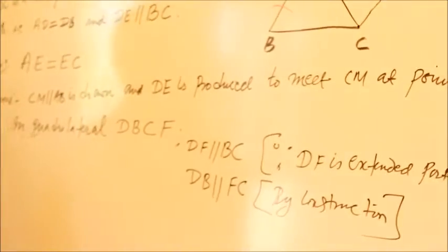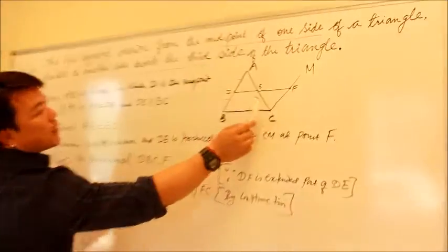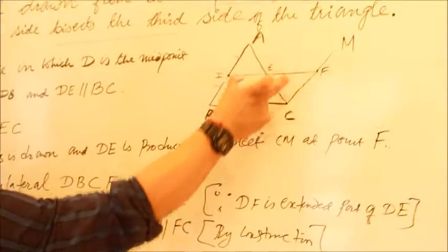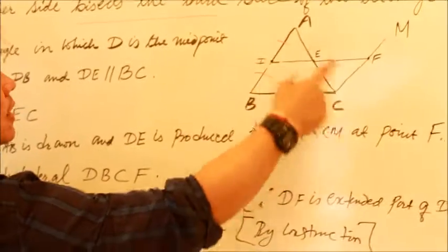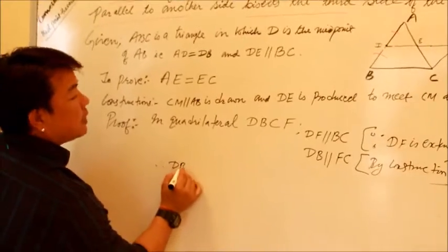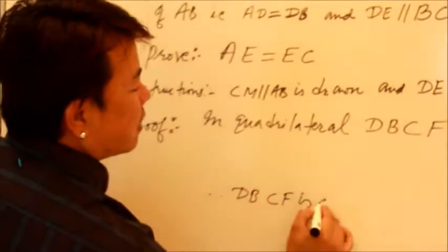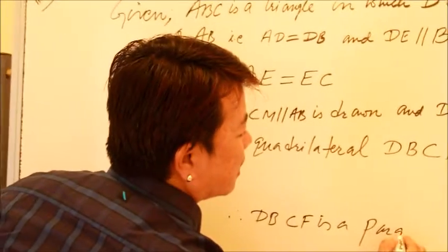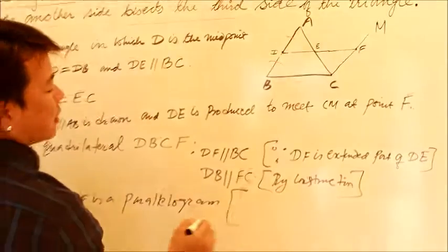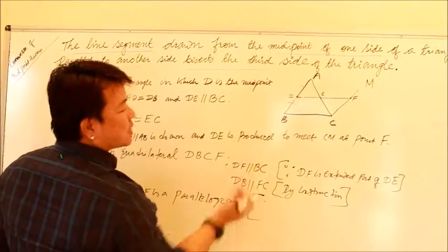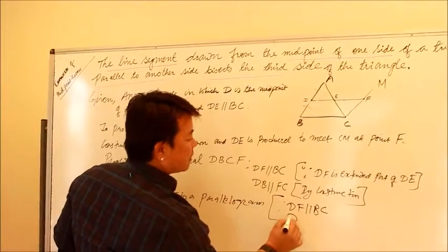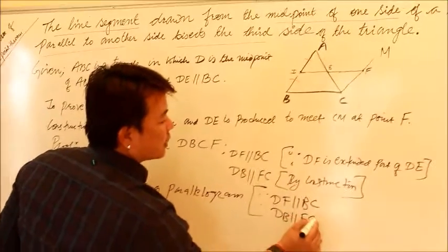Now, what is the property of a quadrilateral? If two pairs of opposite sides are parallel, then the quadrilateral is a parallelogram. Here this is parallel to this and this is parallel to this. Therefore DBCF is a parallelogram, since the opposite sides are parallel, DF parallel to BC and DB parallel to FC.